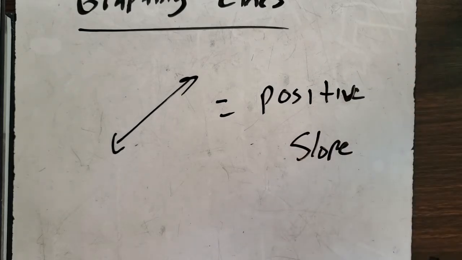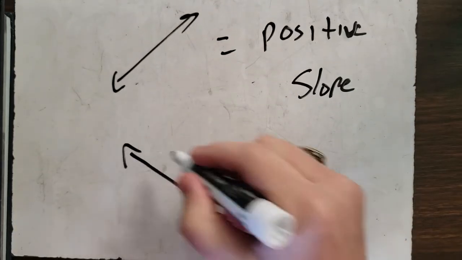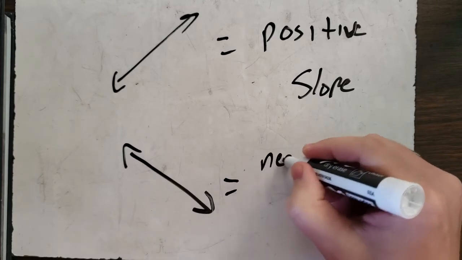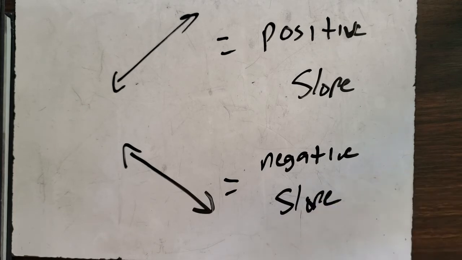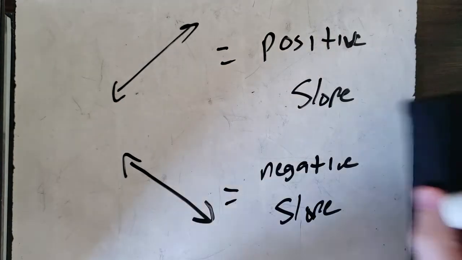If our line goes down from left to right as such, then this is a negative slope. Okay, so positive slope goes up from left to right, negative slope goes down from left to right. So that's our first rule of graphing lines. Keep that in mind.